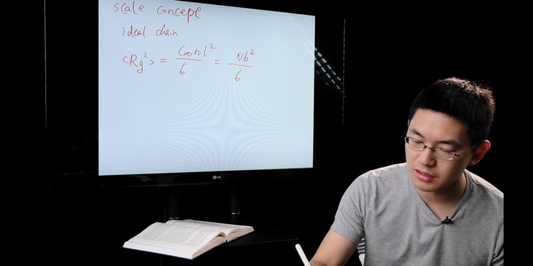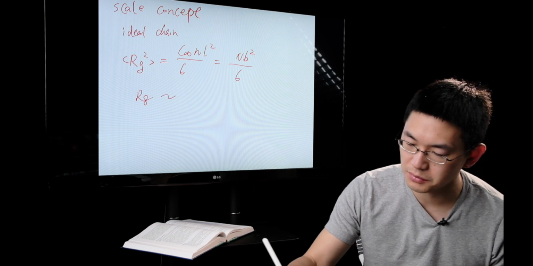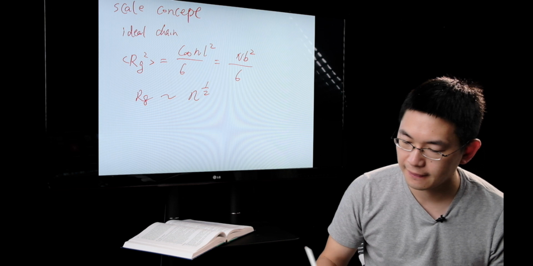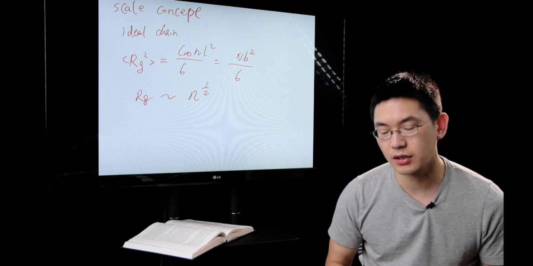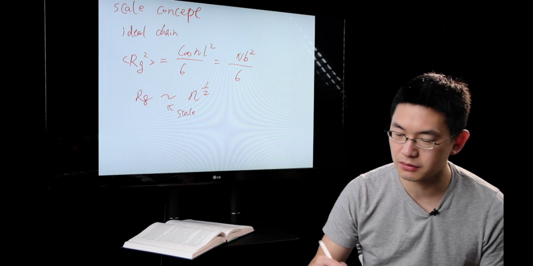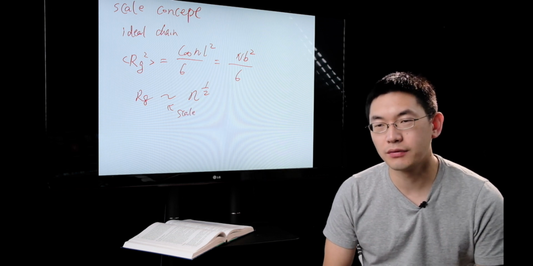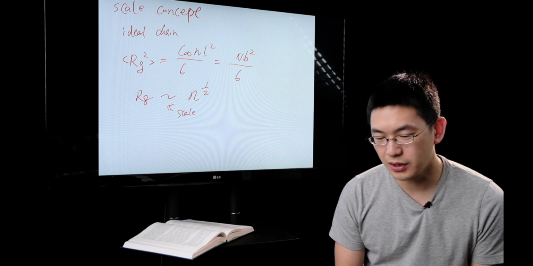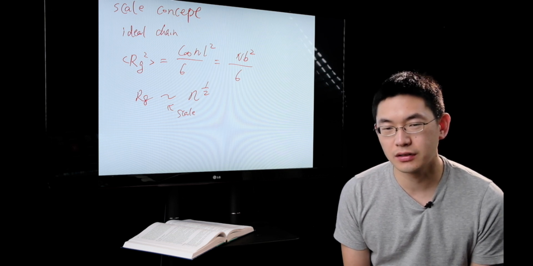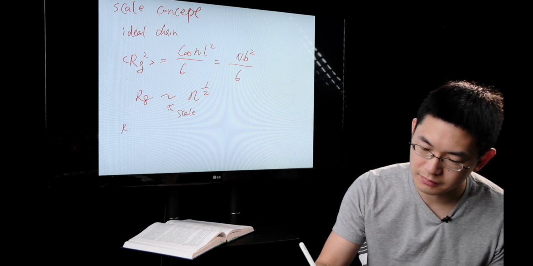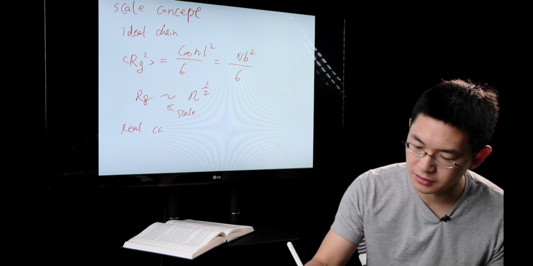And in the scaling concept, we said we can use a proportional relationship, saying Rg will scale with n to the power of 1.5. And we also alluded that if you consider a real polymer chain, you would basically have an expansion of your polymer chain, right?